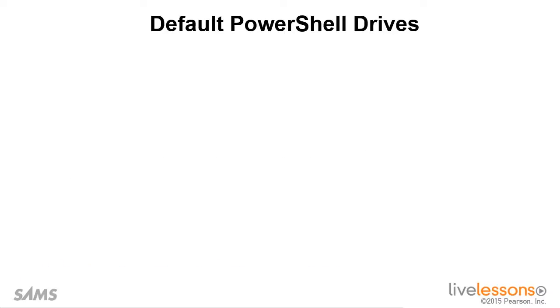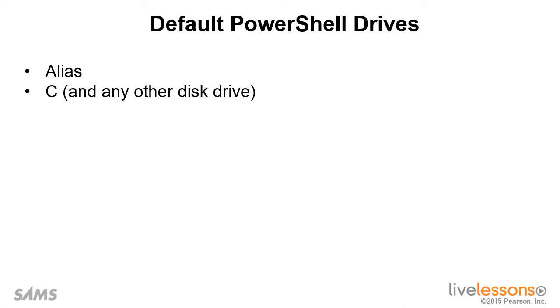Some of the default PowerShell drives that will show up on your computer include the alias drive. This is going to use the alias provider to give you access to all of the aliases currently available in your PowerShell session. The C drive, and in addition, any other local disks that are attached to your computer system.